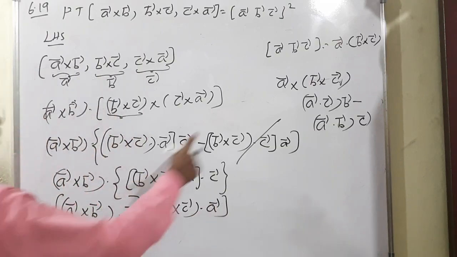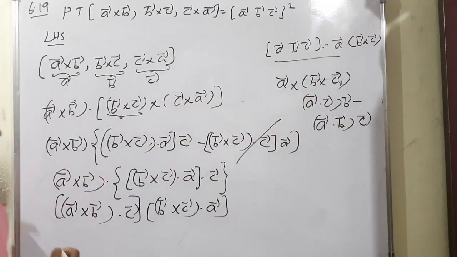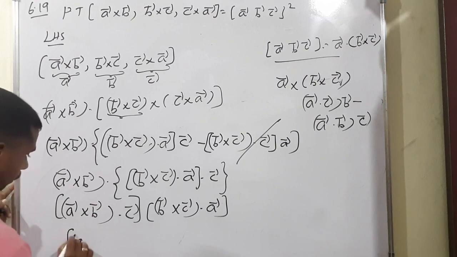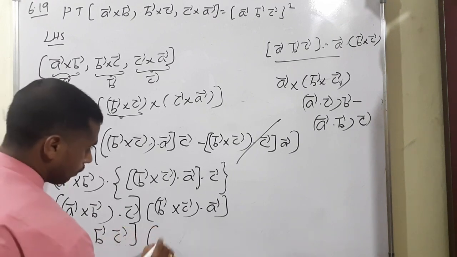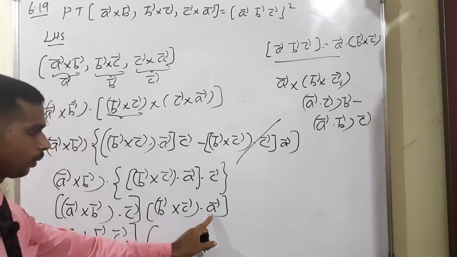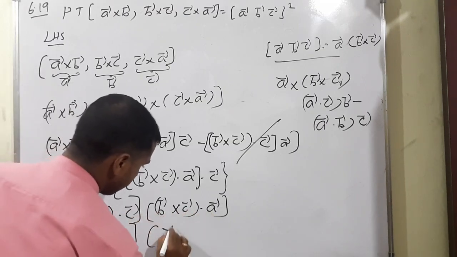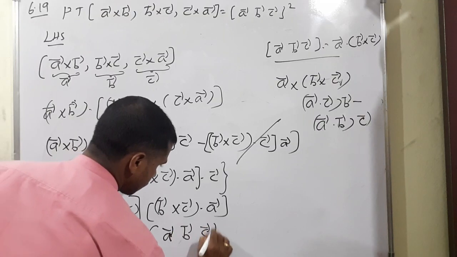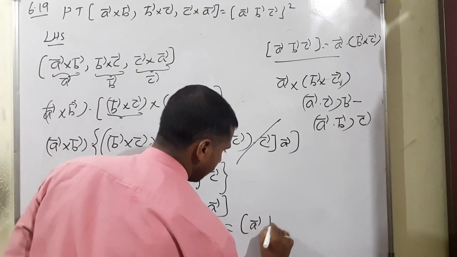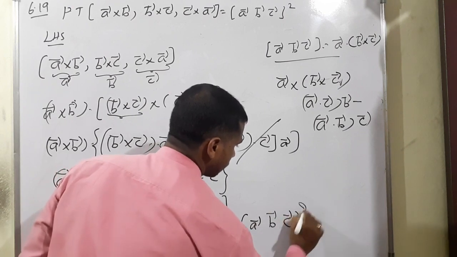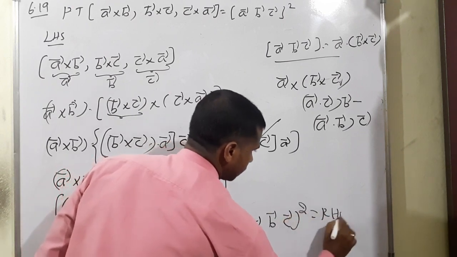Now we can apply according to the box product A vector, B vector, C vector. Again box product A vector, B vector, C vector. Again the next term also, according to the anti-clockwise, A vector, B vector, C vector. Therefore, we can write box product A vector, B vector, C vector, the whole square. This is called RHS. Okay.